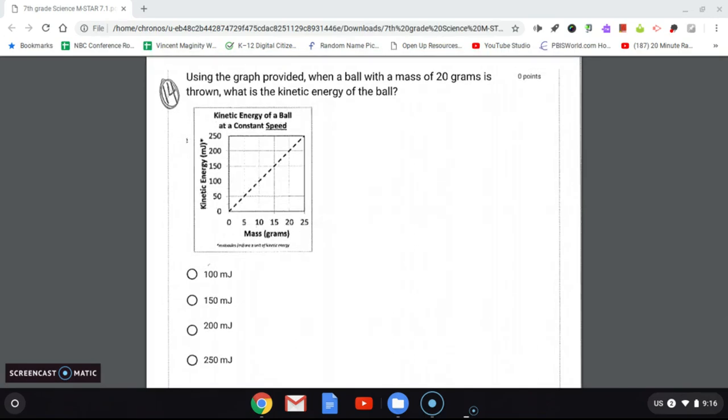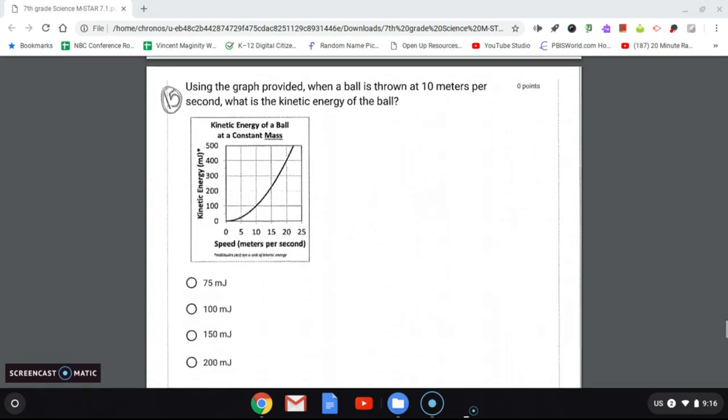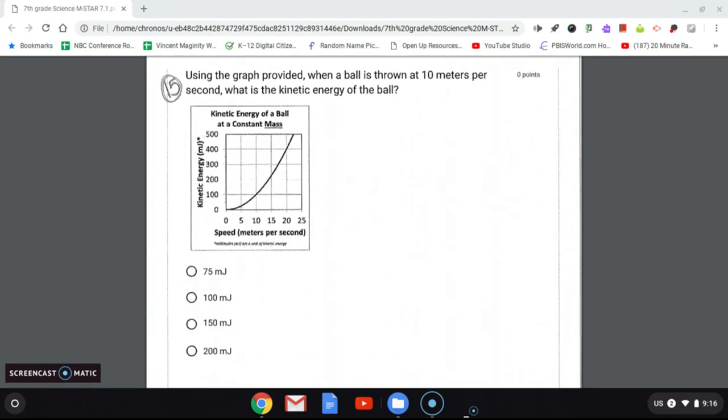Number 14, using the graph provided, when a ball with a mass of 20 grams is thrown, what is the kinetic energy of the ball? 100, 150, 200, or 250? Number 15, using the graph provided, when a ball is thrown at 10 meters per second, what is the kinetic energy of the ball? 75, 100, 150, or 200?